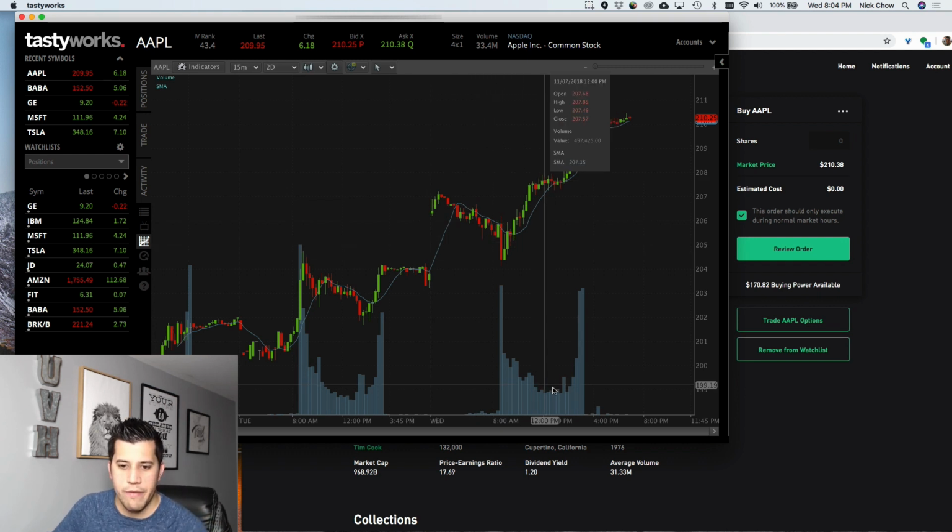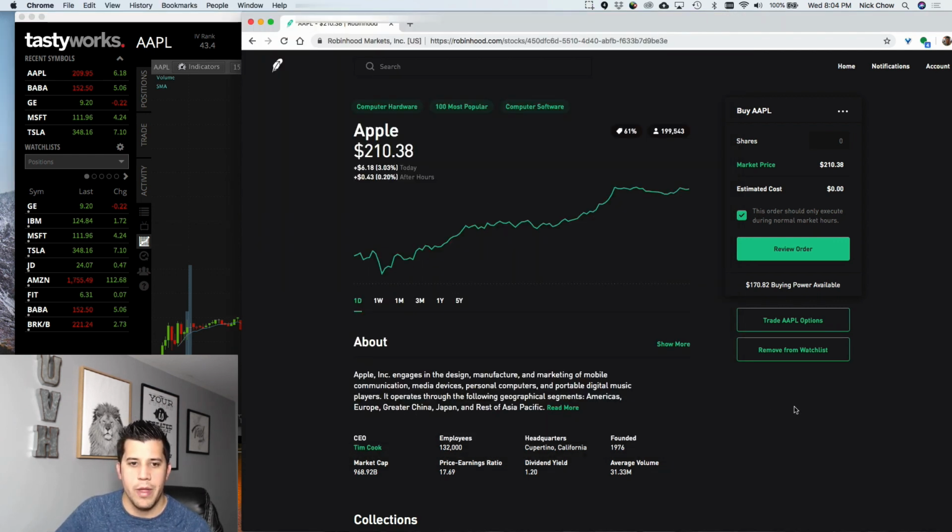So that's nice. They show you the volume right here, so it's definitely better than Robinhood. I know the charts on mobile are better because you can use bar charts, however, you can't use increments. You can't change, do I want to look at a 15-minute chart? Do I want to look at a 5-minute increment chart? Do I want to look at the 1 hour? Whatever the case is, you can't do that in Robinhood, but you can here.